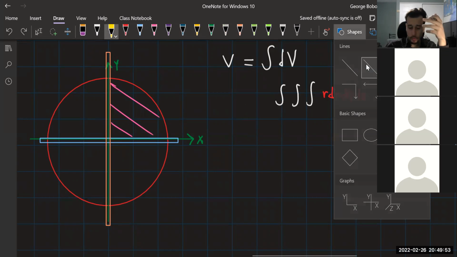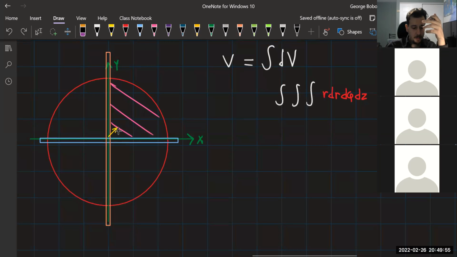If we jump to polars immediately, and I see how I'm going to do this integration, my r vector is going to be doing rings like this. Follow my lead here. It's going to be doing rings like this. So I think the very last variable we should define is phi. I think that should be our constant right now, the phi. And I think you can tell where it goes from and to.